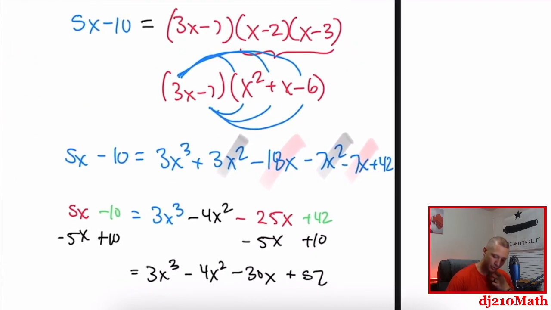So 4x squared, 18 plus 7, definitely 25. That's crazy. And that 52 is messing everything up.